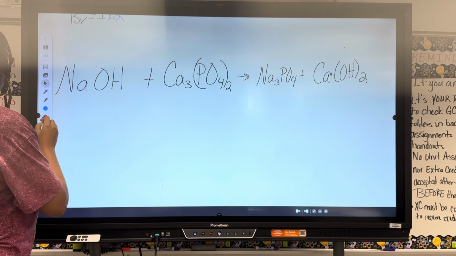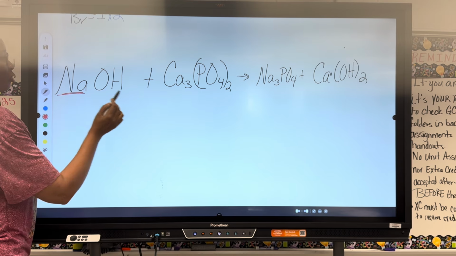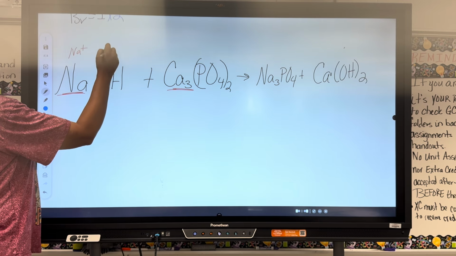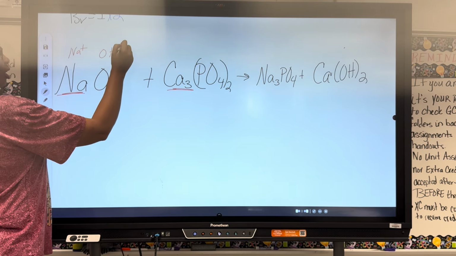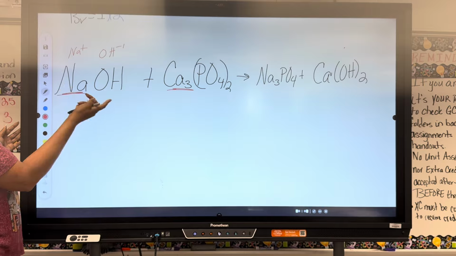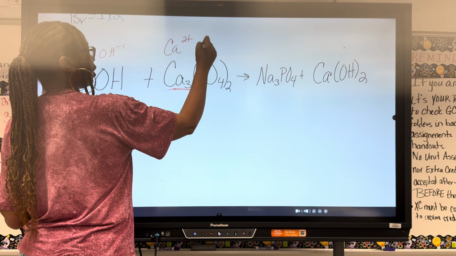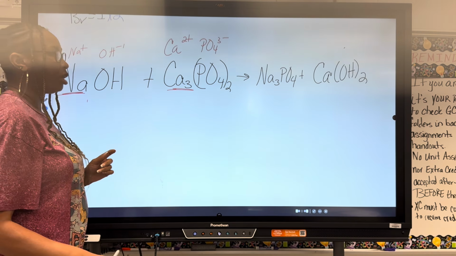Okay. Now, again, double displacement reaction. I switched my cations because we know that sodium is +1, hydroxide is -1. So when you swap and drop, you get NaOH. Calcium is +2, phosphate, PO4, 3 negative, swap and drop here.